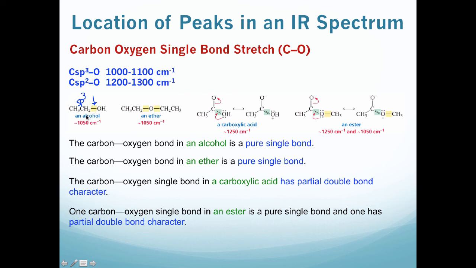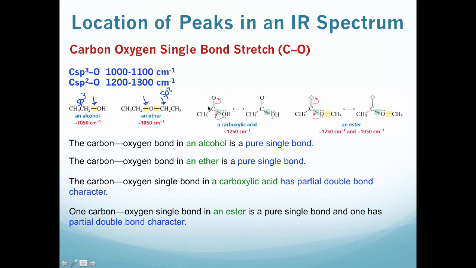And that we're going to see somewhere between 1000 and 1100 wave numbers. So in this case, this alcohol stretch for the carbon-oxygen bond is at 1050 wave numbers. An ether, once again, we have sp3 hybridized carbons bonded to oxygens. So again, those are going to show up right around 1050 wave numbers.